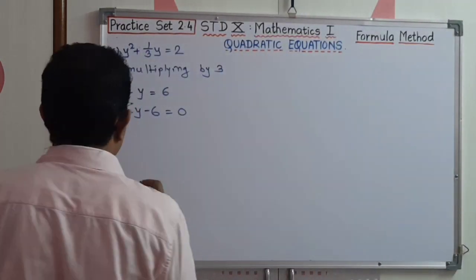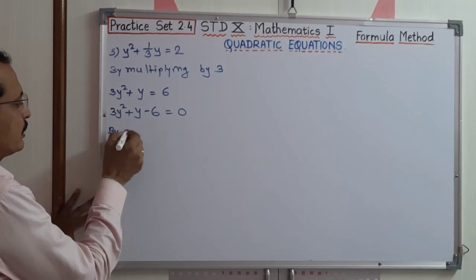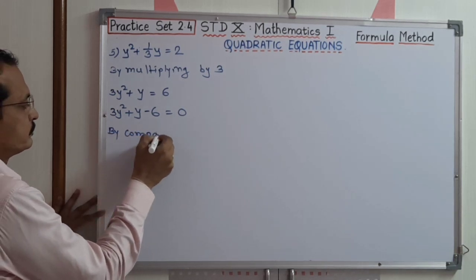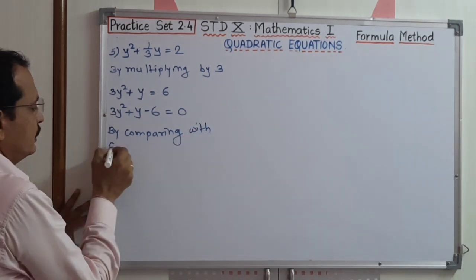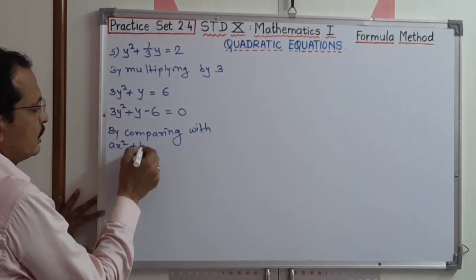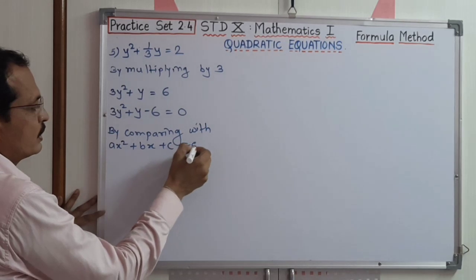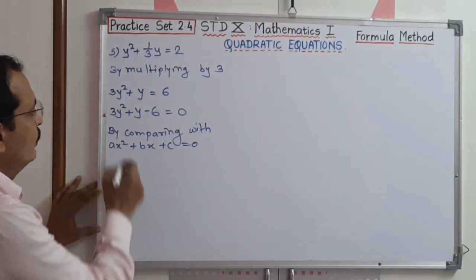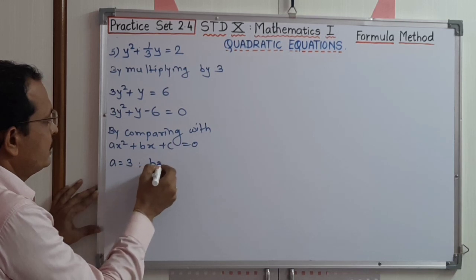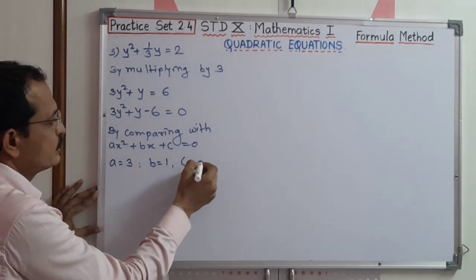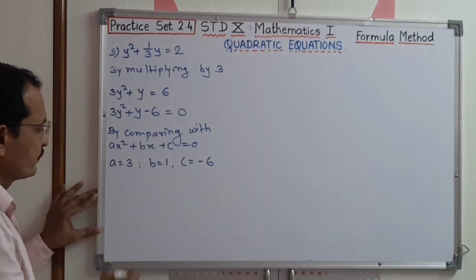Now we have to compare this, by comparing with ax square plus bx plus c equal to 0. We get here a is equal to 3, b is equal to 1 and c is equal to minus 6.